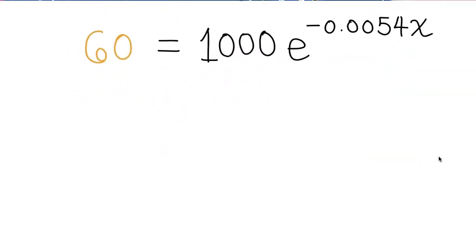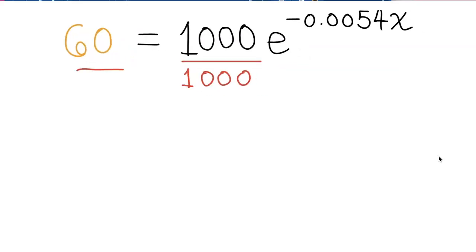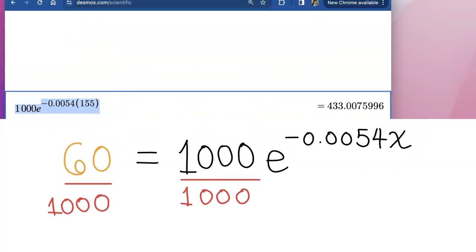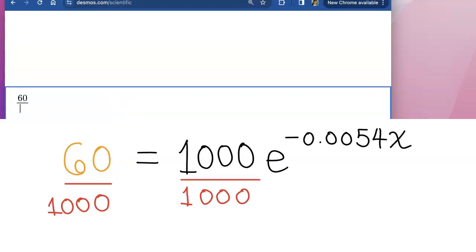To solve this, we start by dividing both sides by 1,000. Let me type in 60 divided by 1,000 to get a decimal approximation. I don't want to round it in the middle of a problem, but I feel like that's going to be an exact decimal.